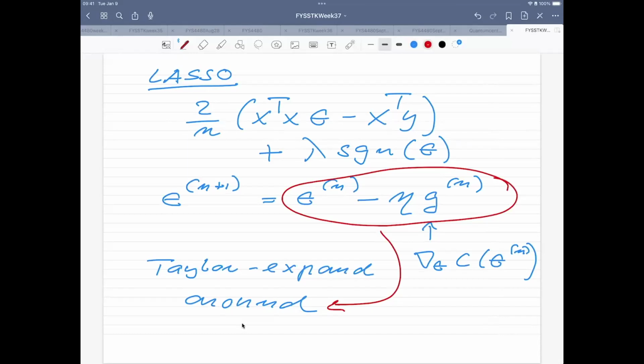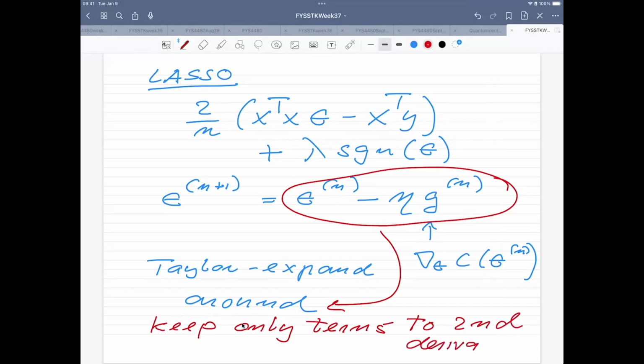And now I'm setting up an expression where I keep terms only to second order, the second derivative terms. So when I do that Taylor expansion, I will have an expansion in terms of this value theta of n minus eta times g. Let's see what that looks like when we set up the expression.